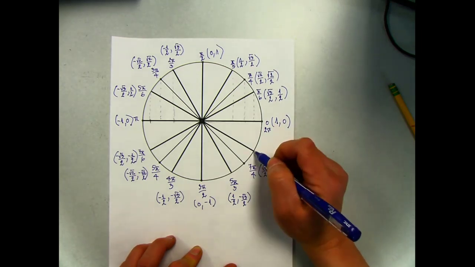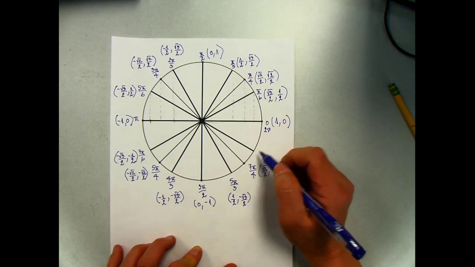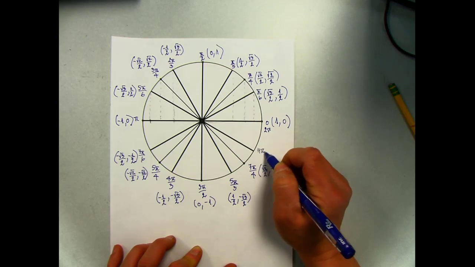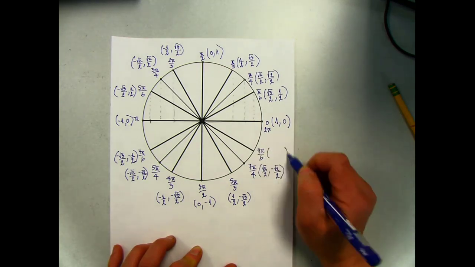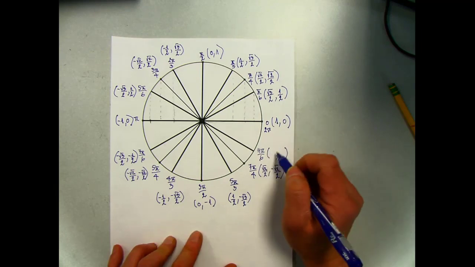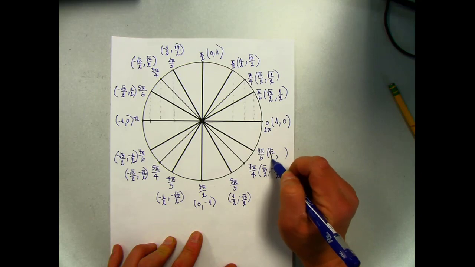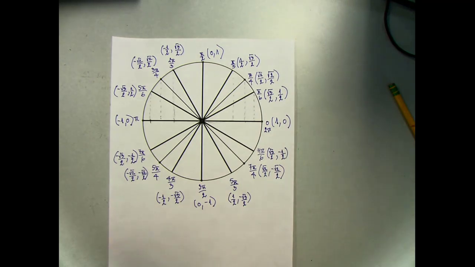That last one before the 2 pi, what angle is this? 11 pi over 6. Thank you. And then read for me the cosine and the sine value again. Square root 3 over 2, and negative 1/2. I agree completely.